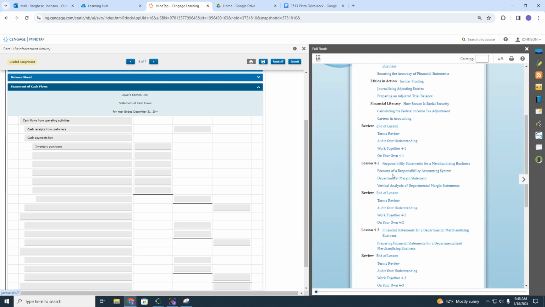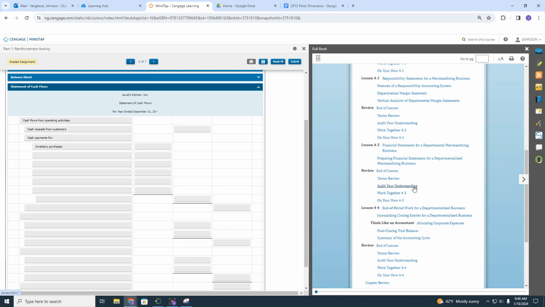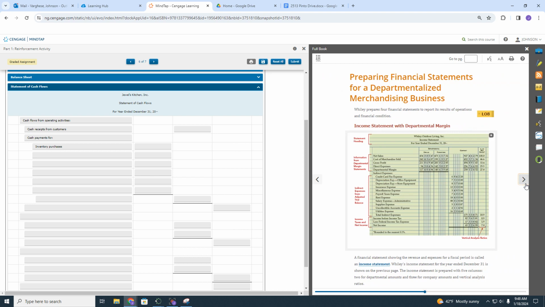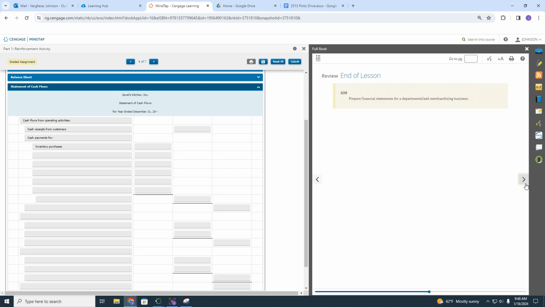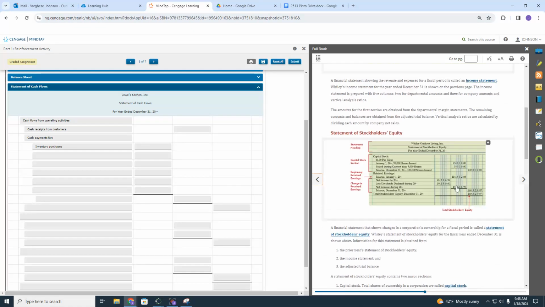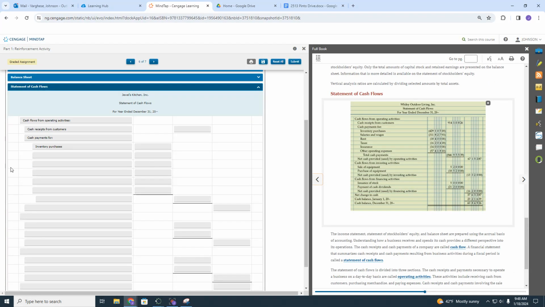Financial cash flow. I think it's in here. Stockholders' equity, balance sheet. Here's my cash flow. Okay, so I'm going to have inventory.